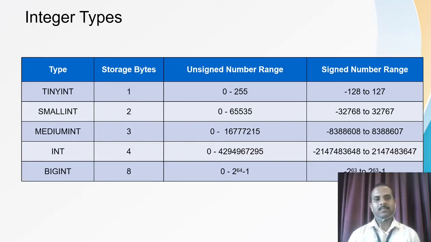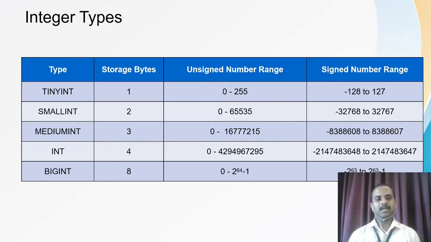That means when I have a signed number, the most significant bit is used for the sign, and the remaining 7 bits are used for the number. So your calculation will be minus 2 to the power 7 to 2 to the power 7 minus 1.